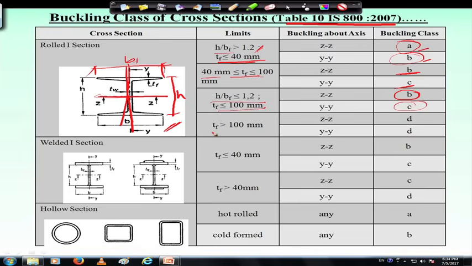And if T f is greater than 100, then the buckling class will be D about z z axis and D about y y axis as well.